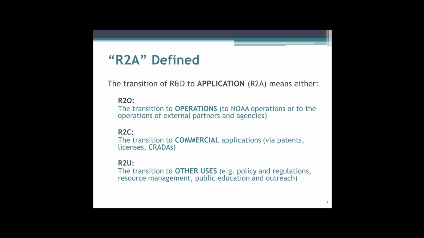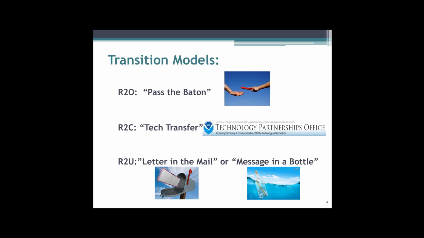There are different models that are employed for these different paths. In the R2O, you can think of this as a pass-the-baton transition model where, say, OAR GSD develops a new capability, and they work closely with EMC and NCO to test this new enhancement and then transition it into operations.